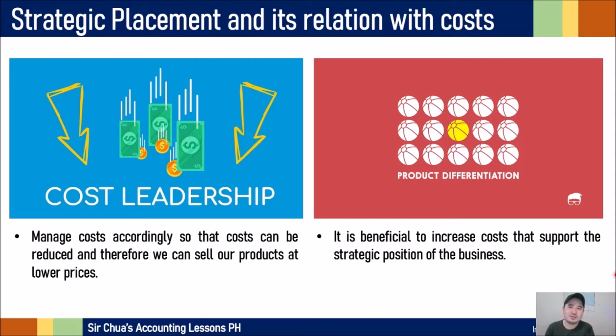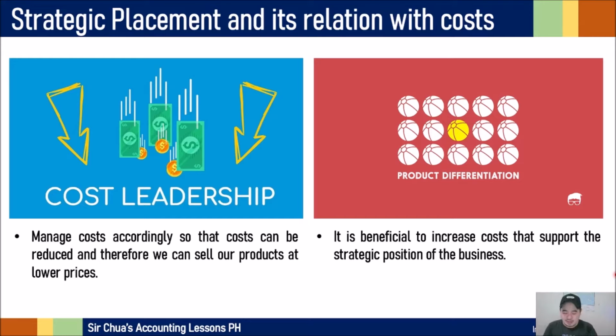So if you're thinking to be unique, if you're thinking to be product differentiated in the market, it's beneficial for you maybe to increase your cost ng konti rather than ang maging goal mo ay cost reduction, because if that increase in cost will make me unique in the market, then that's fine because that's my strategy. Okay?